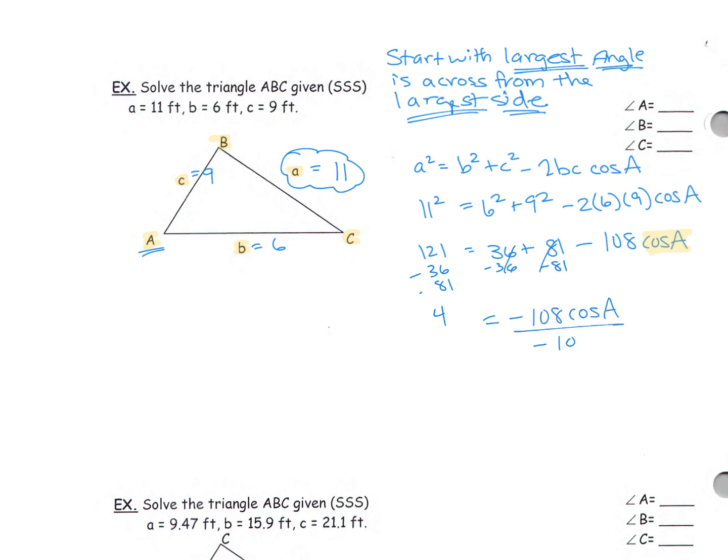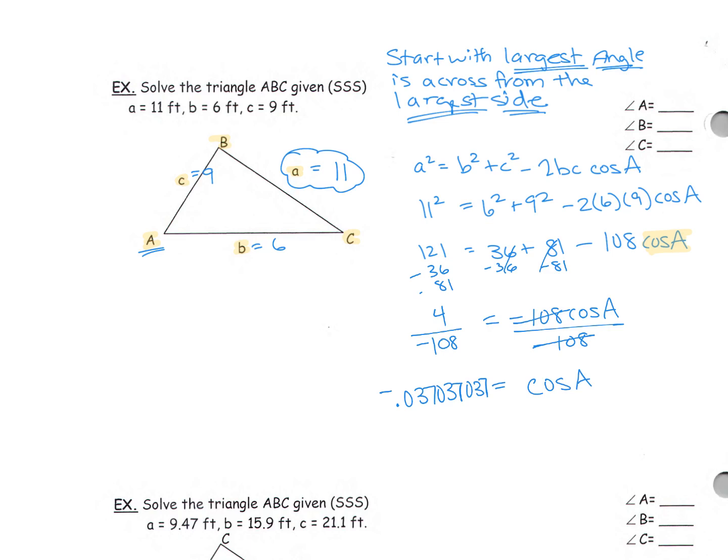And now I'm going to divide both sides by this negative 108 to get the cosine of A by itself. And I get a really long decimal on my calculator. It's negative 0.0370. I'm not going to leave any of these numbers because normally I do this all at once on my calculator, so I don't want to leave any decimals.